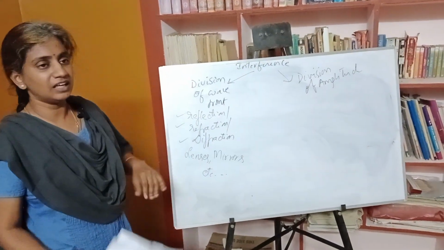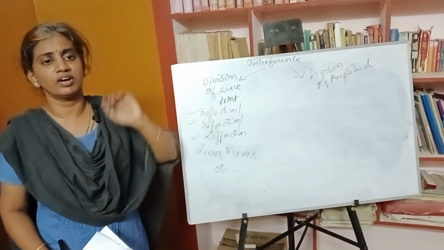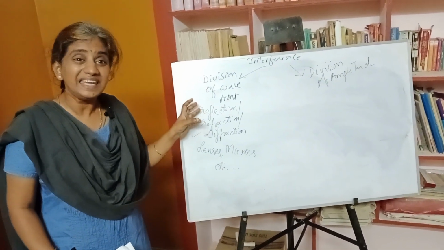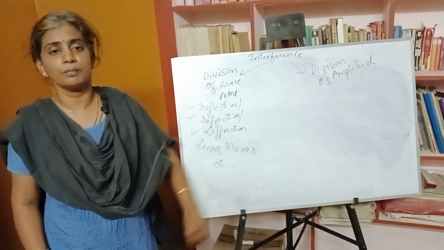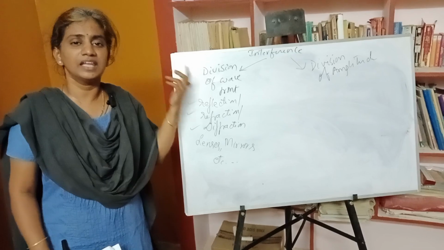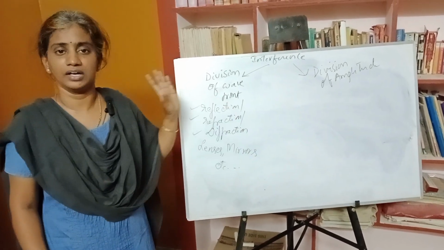They will divide the incident wavefront into two parts and you will get two different waves which travel unequal distances in the given time interval, and they superimpose at a particular point, either giving a bright or a dark band in case of interference.